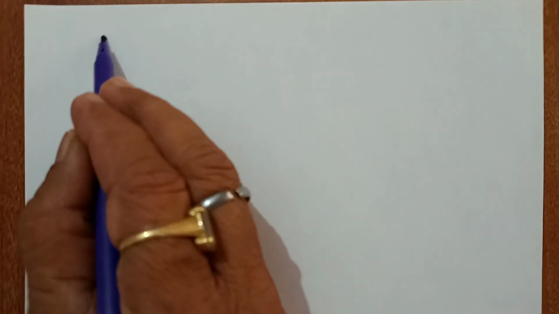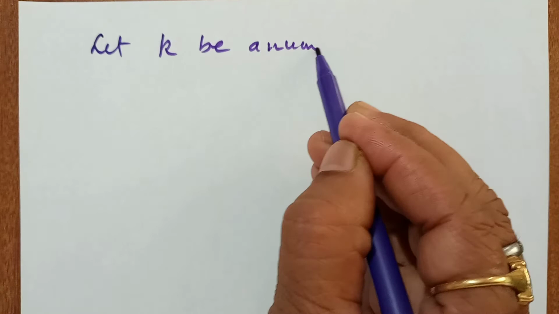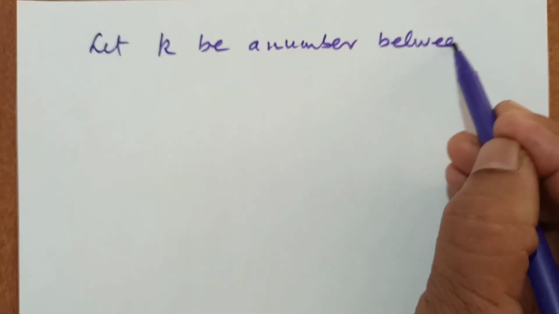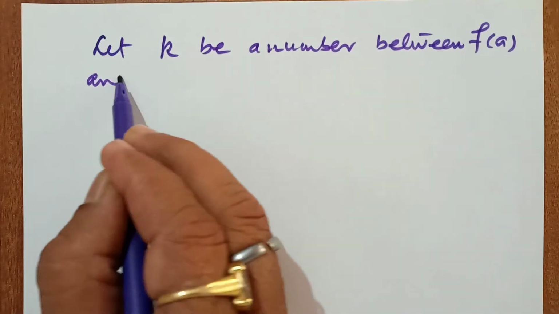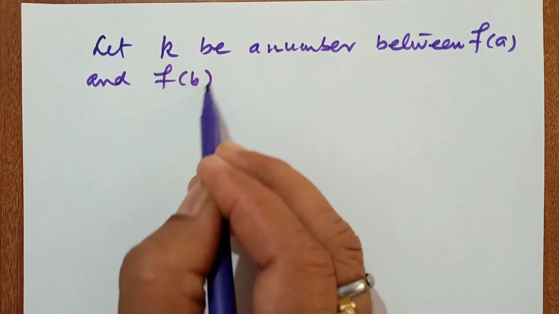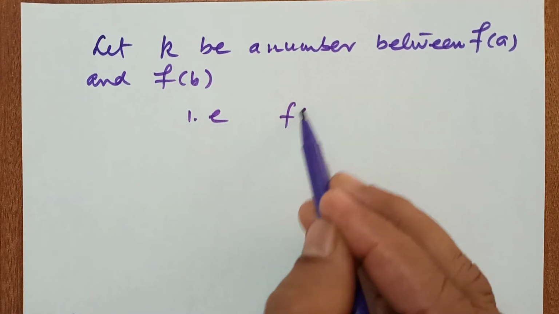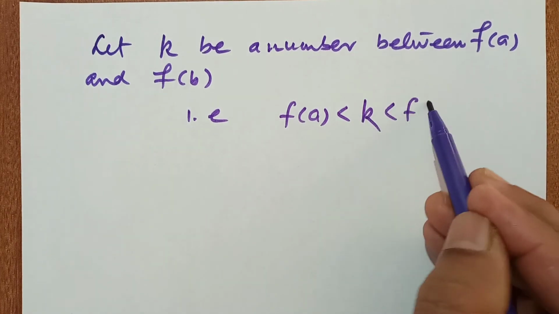Let k be a number between f(a) and f(b), that is, f(a) less than k less than f(b).